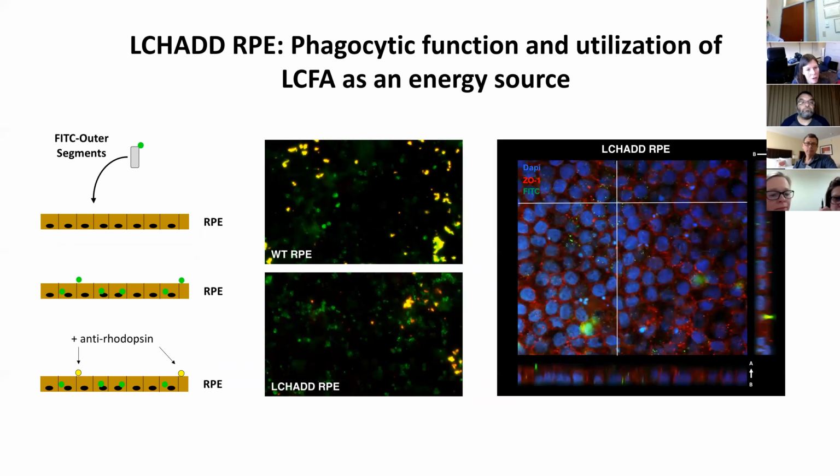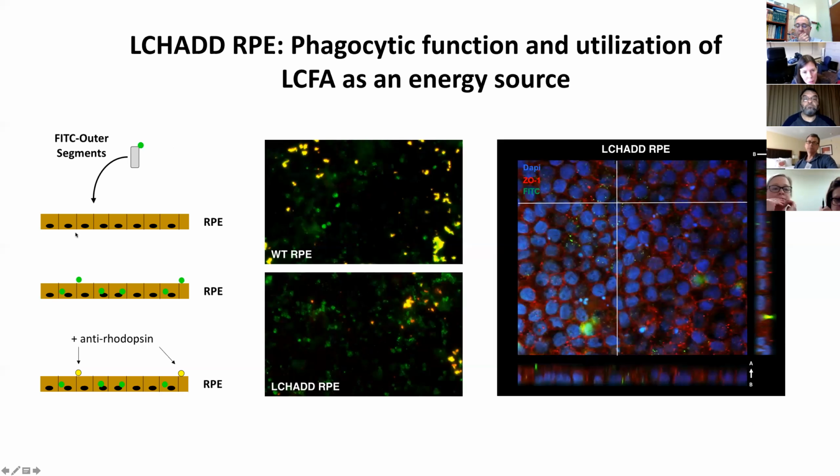Okay, so earlier I mentioned, and Dr. Gillingham also discussed, that one of the primary functions of RPE is to phagocytose these outer segments, which are enriched in fatty acids. And so we can also do this in culture. Here we can isolate bovine outer segments, label them with FITC, and then they can be fed to RPE.